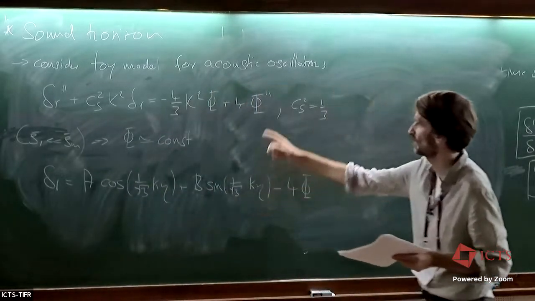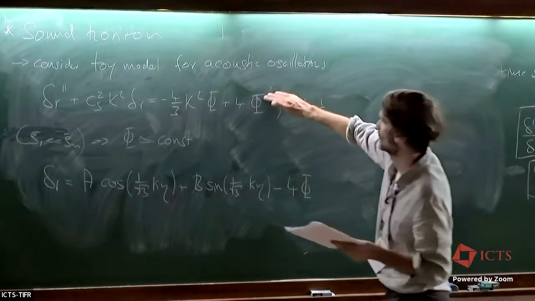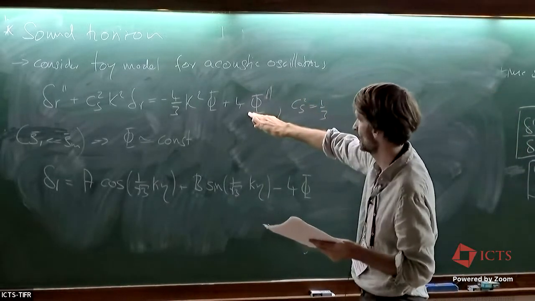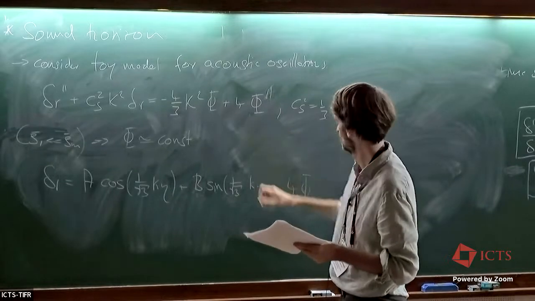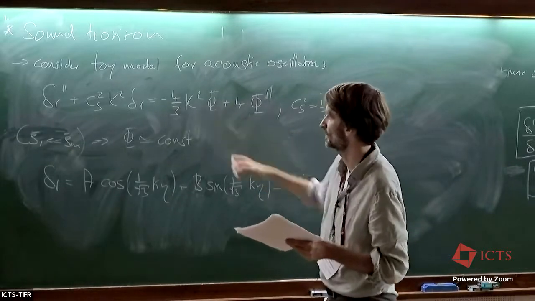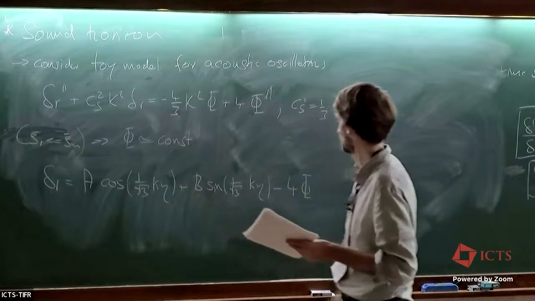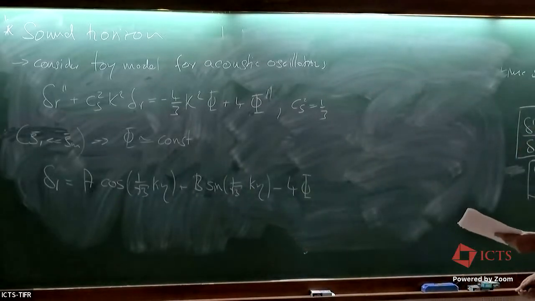So if you plug that in, you immediately see that this is satisfied. This term goes away anyhow because phi is constant, and then this takes care of this term, canceling the contribution from here. So this is what you get.